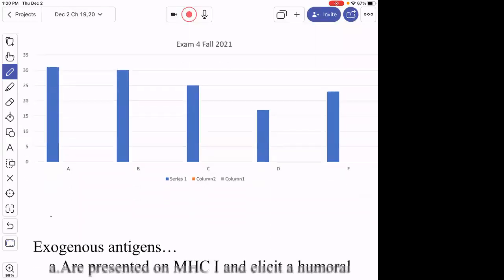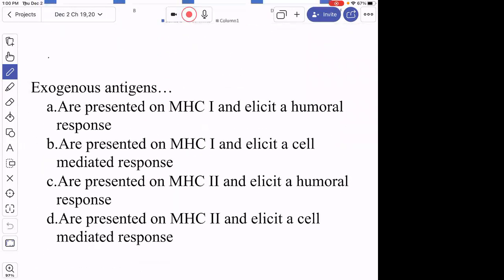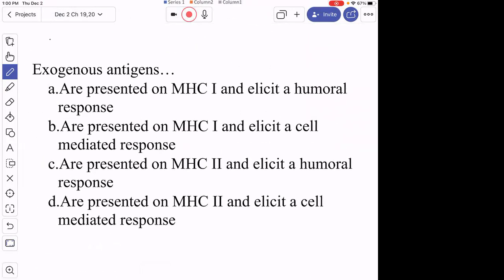I wanted to go through some of the questions that were more commonly missed. This one, I think, was the most commonly missed one, and this was a tough question, so I'm not surprised. Exogenous antigens, remember, those are antigens that are outside of the cell. If it's inside of the cell, like some part of a virus, then that would get presented with MHC class 1.